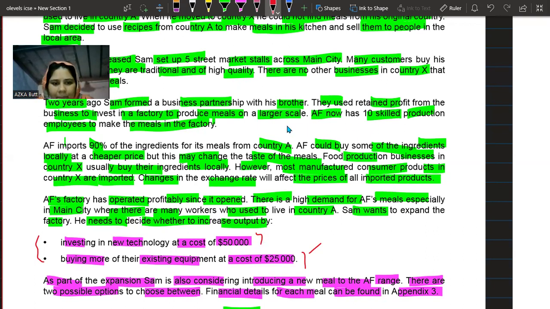And they want to increase their output, because now they are expanding and going to make their own factory, and that can only be possible by investing in new technology. If the new technology is there, they can increase their output, and it can also increase their productivity. But there are some other disadvantages too, but let's discuss these things in the questions.